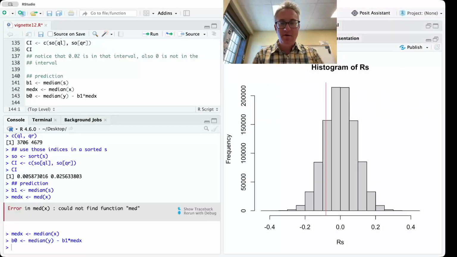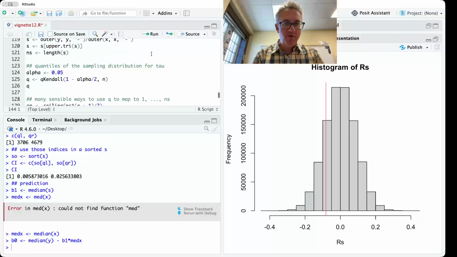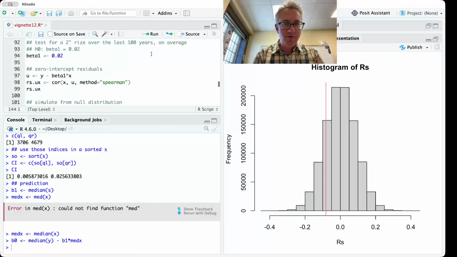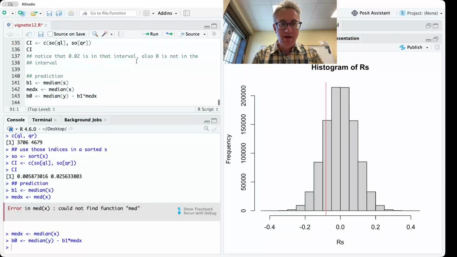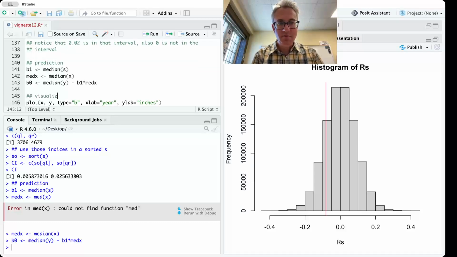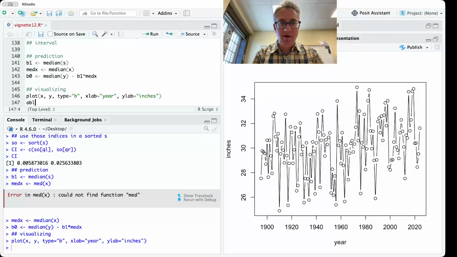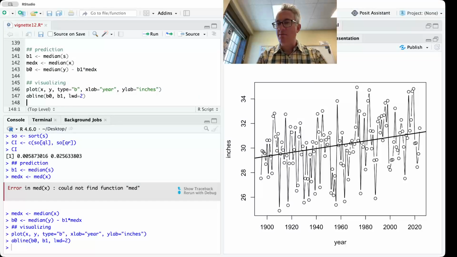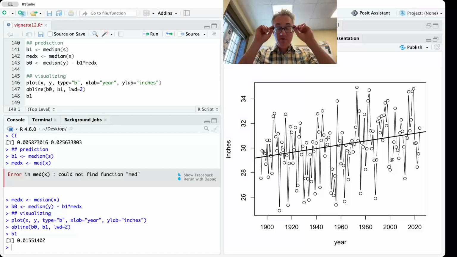There is the plot that we had made before with the sampling distribution, but I gotta go grab the plot of the data. So visualizing, here's the plot of the data, and then I can do abline B0, B1, lwd equals 2. And that is our estimate of the line for these data, whose slope is a little shallower than the 2-inch one, but there's definitely an increasing slope there.